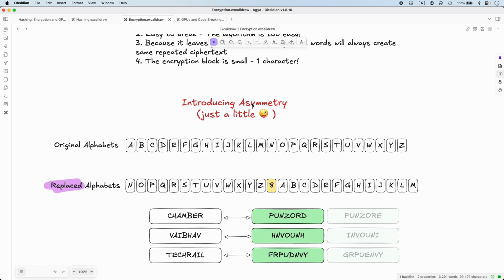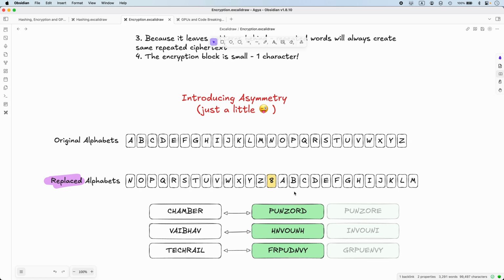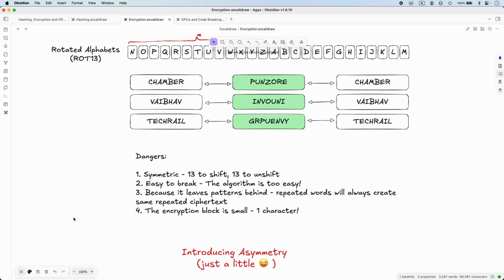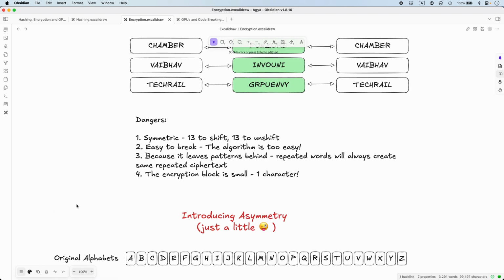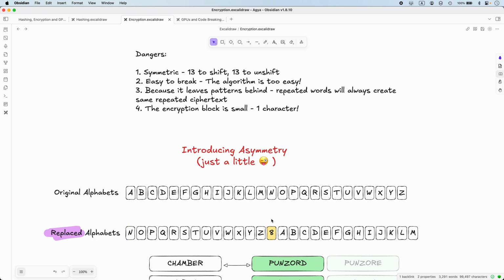Introducing a little asymmetry. Now what I'm doing is not exactly asymmetry, I'm just giving you an idea. What I am going to do is replace the alphabets instead of rotating them. How? I still have the same set of alphabets, but I have taken this second part and shifted it right, made a space and put 8 over there.